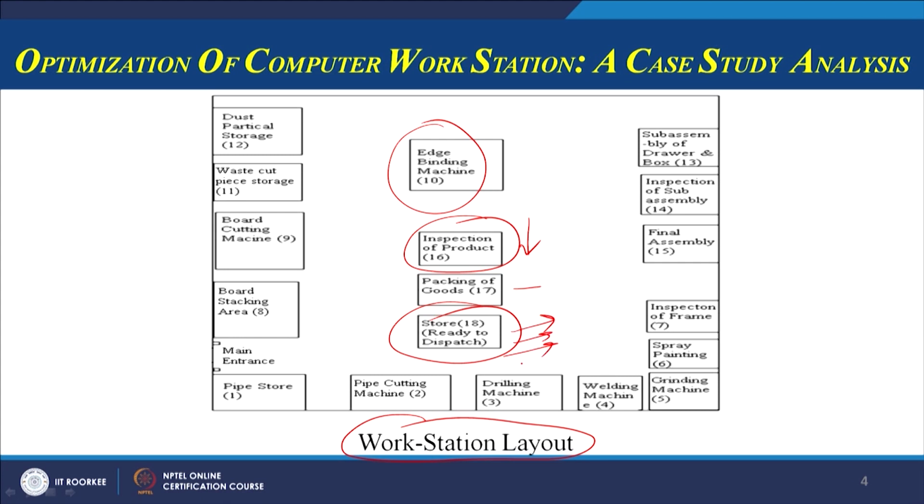There are different types of machines available: grinding machine, spray painting, inspection of frame, pipe cutting machine, drilling machine, welding machine. So, this is just a layout of how the computer work table is being manufactured.